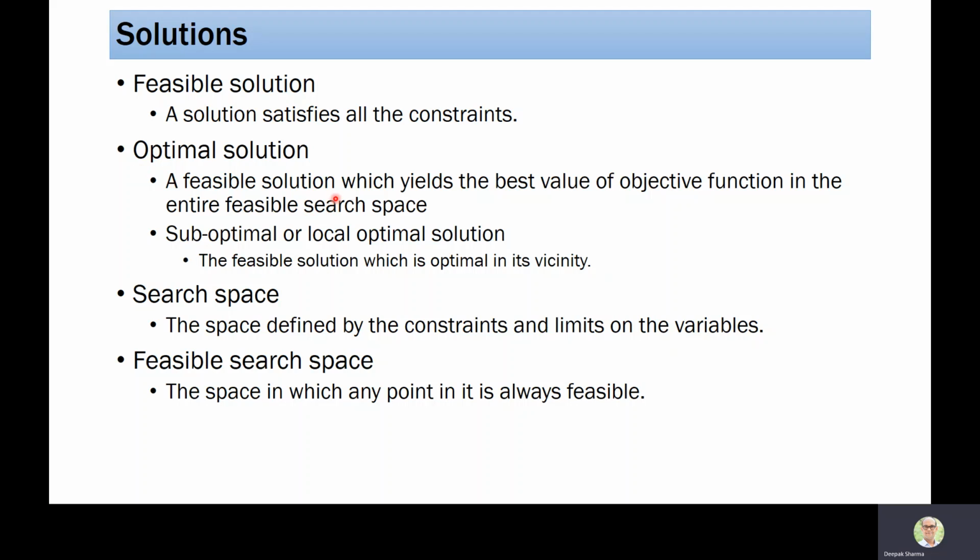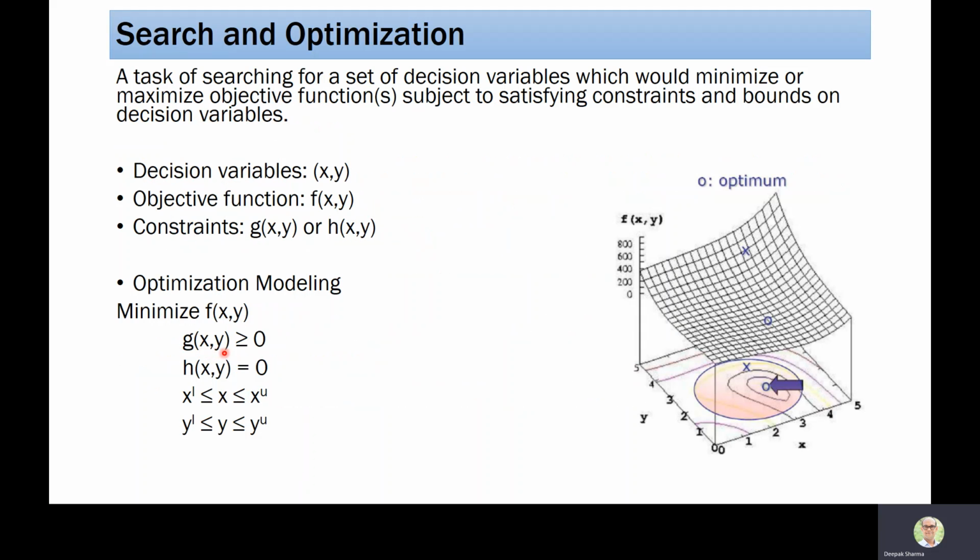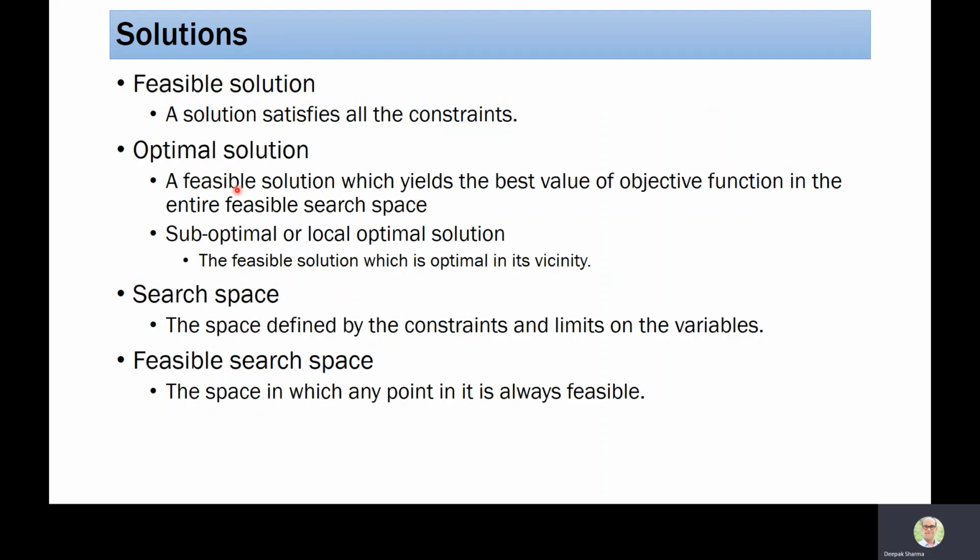A feasible solution which yields the best value of the objective function in the entire feasible search space. I'll talk about what the feasible search space is, but what we have to understand is the value of X, Y at O, so that our function will be minimum, and that particular solution is an optimum solution. An optimum solution is already a feasible solution. That's why we write a feasible solution which yields the best value of the objective function in the entire feasible search space.